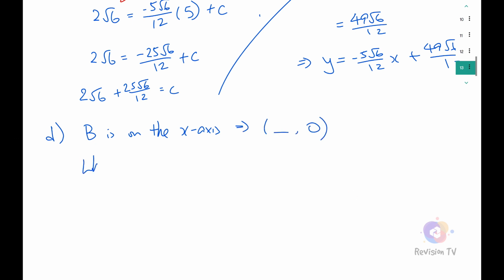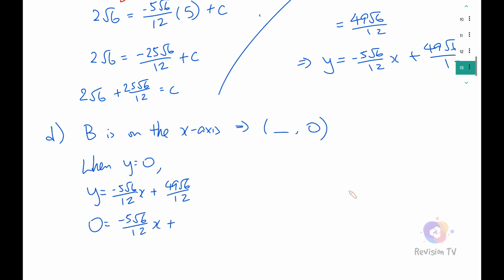So when y equals 0, we sub it into y equals minus 5 root 6 over 12 x plus 49 root 6 over 12. So 0 equals minus 5 root 6 over 12 x plus 49 root 6 over 12. To solve this equation, we bring the minus to the left hand side. That becomes 5 root 6 over 12 x equals 49 root 6 over 12.